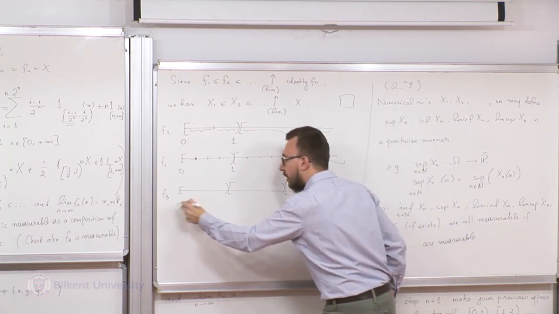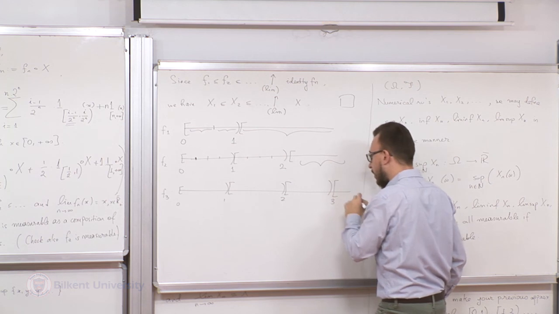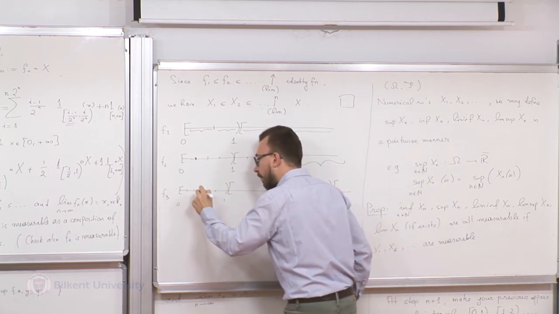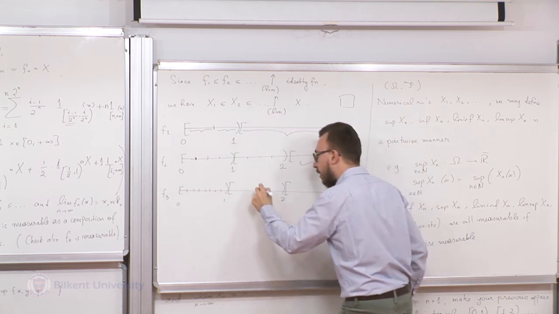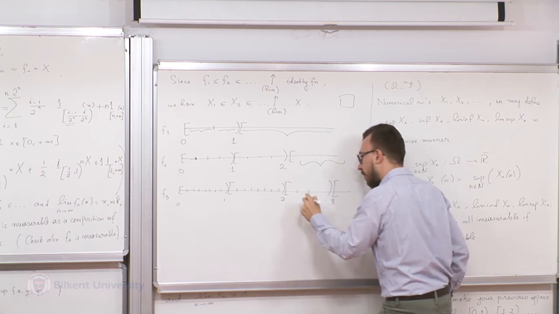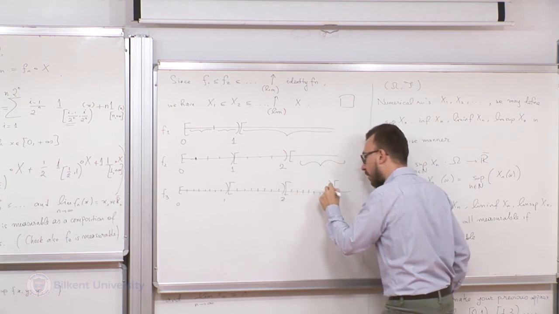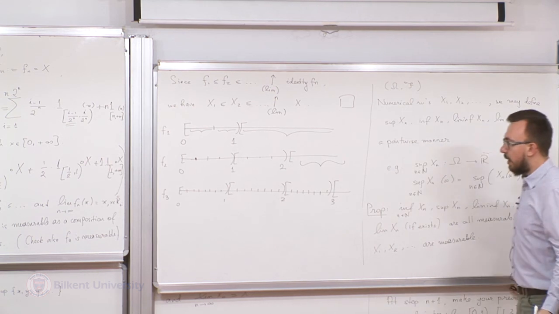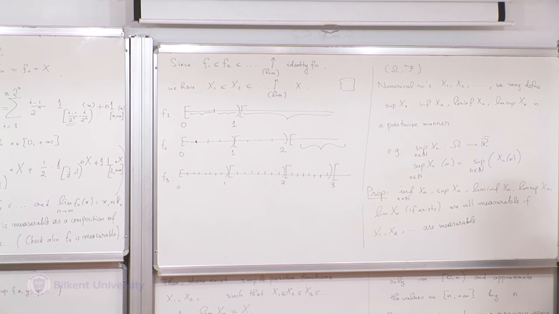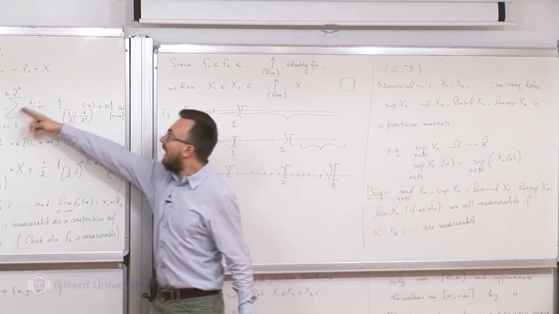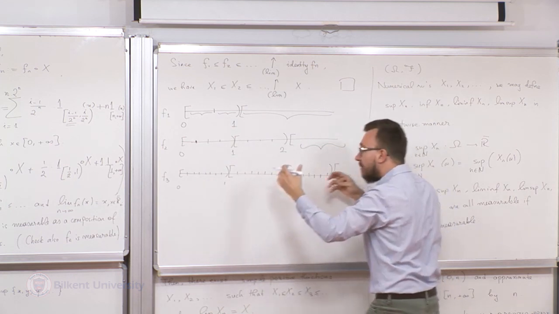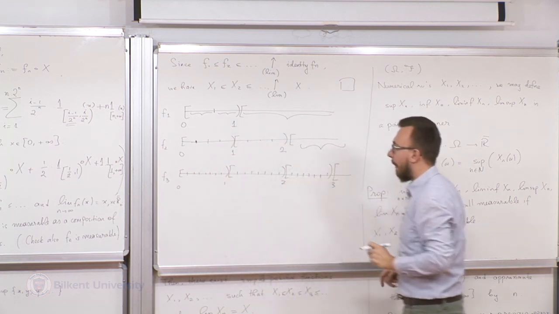So 0, 1, 2, 3, and you do it further. Eight intervals in each unit interval. So that's why we have n times 2 to the n intervals.